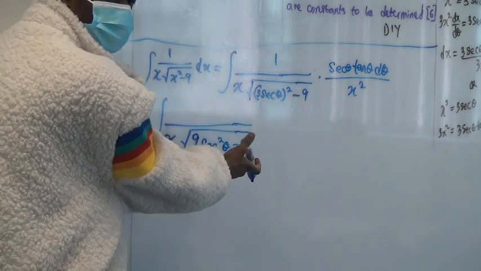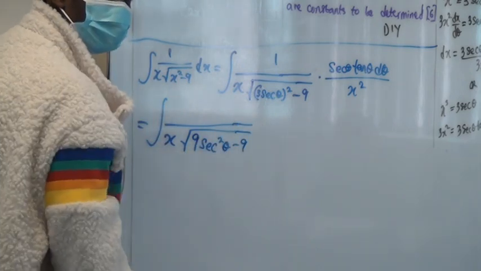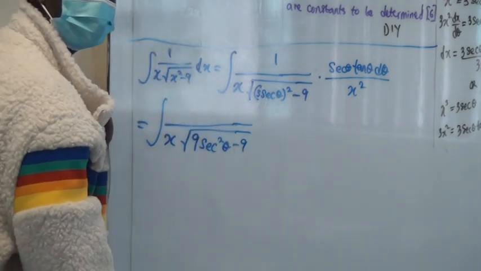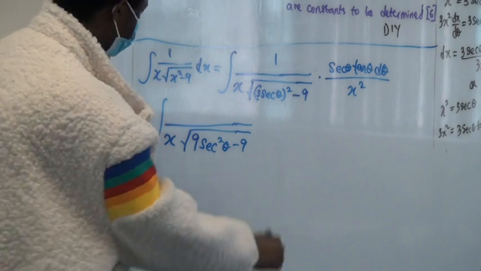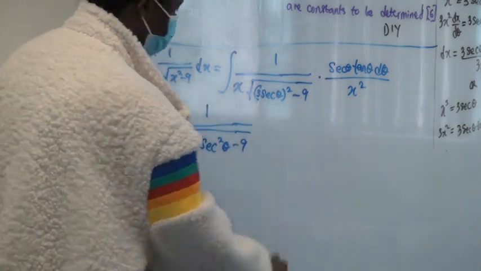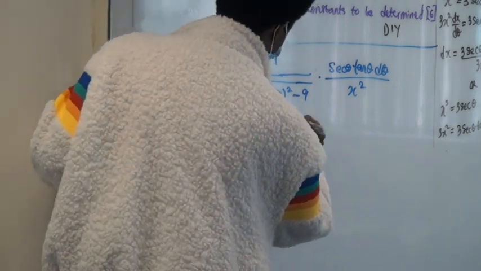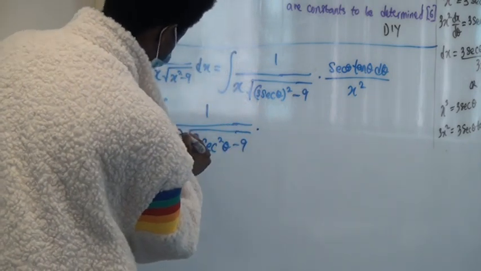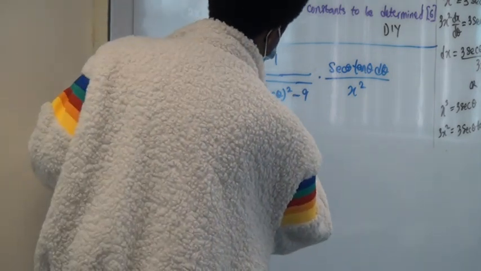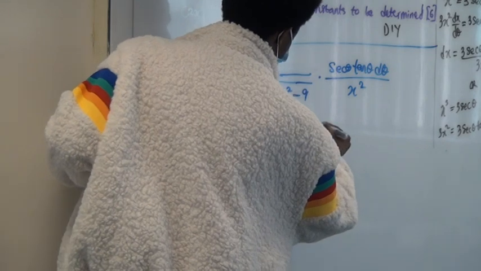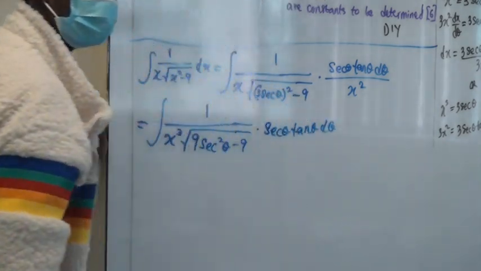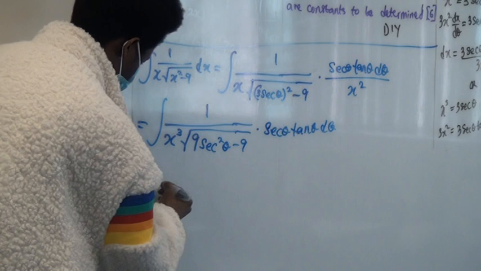So you don't need to make 9 into 3 squared, because you can factorize now, and 9 can escape the square root. This will still be 1. These guys remain what they are. This should be cubed, so that this remains sec theta tan theta d theta. Can we see that? What do you suggest next?